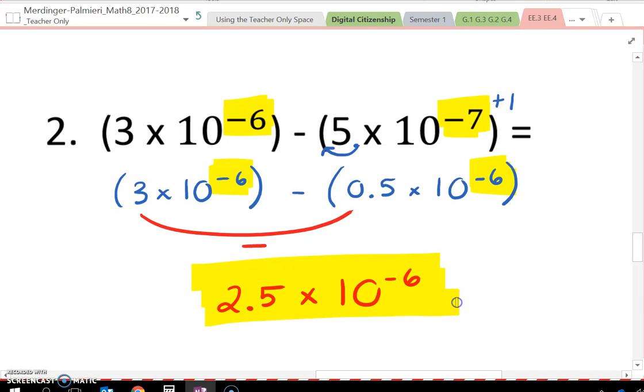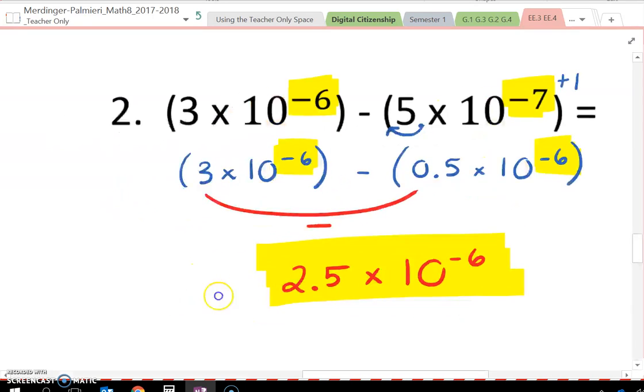If you are always taking your smaller exponent and matching it to the larger one, you will never have to convert at the end. In multiplying and dividing, we had to keep asking ourselves, is this correct scientific notation? Is this first factor between 1 and 10? You don't have to do that with adding or subtracting if you follow that first step correctly.